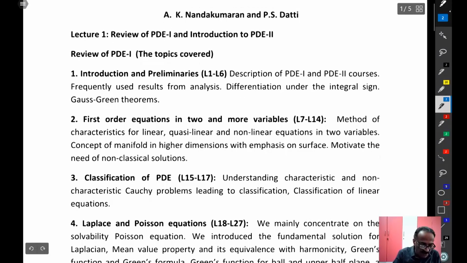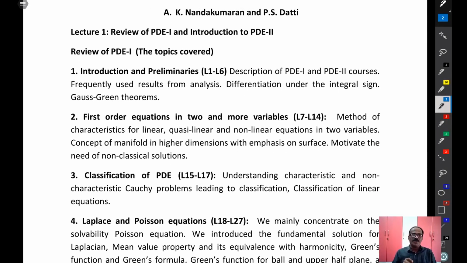We began this course by giving a basic introduction to PDEs and some preliminaries required. Again, we advise the students to go through the preliminaries mentioned in our PDE1 course, especially the understanding of the domain and its regularity, integration by parts, especially the Gauss-Green theorems and Stokes theorems, and the basic analysis from that, convergence, uniform convergence, and various other things involved in elementary analysis.